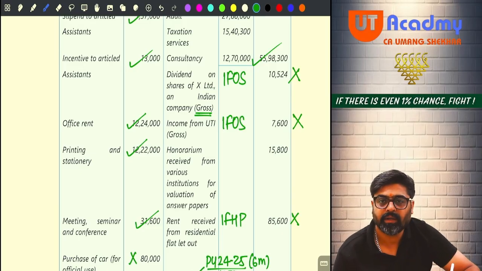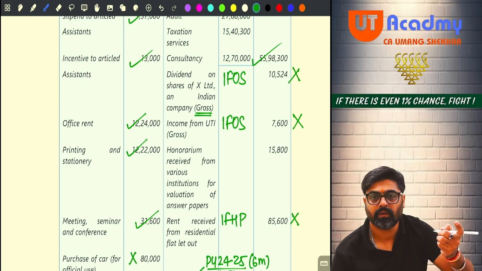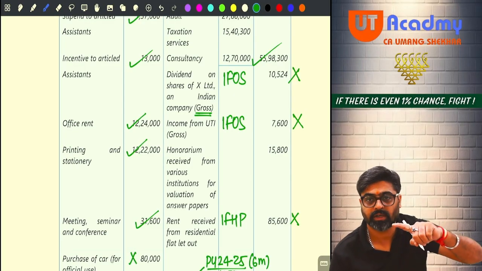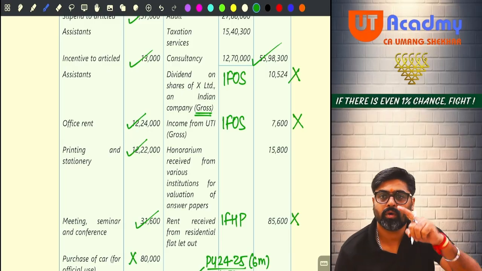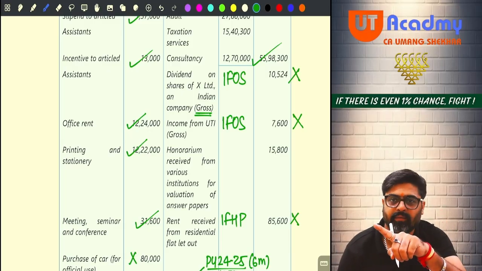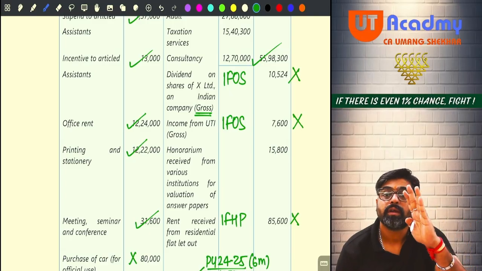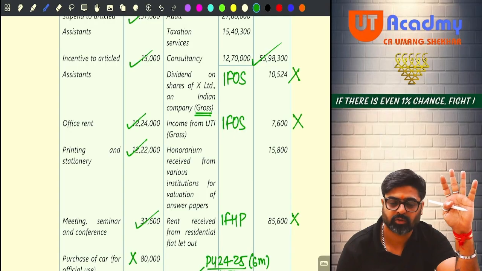See, whenever you receive dividend of more than 5,000, dividend from a domestic company or dividend from UTI or mutual fund, 10% TDS is deducted. Dividend on shares, TDS under section 194. So the gross amount is directly given, meaning this includes the TDS amount. Entire amount you have to show taxable.